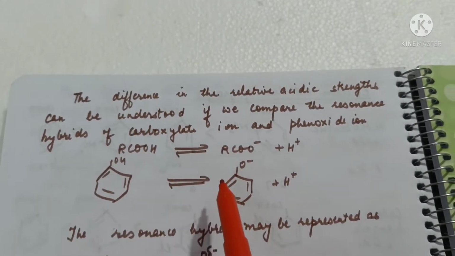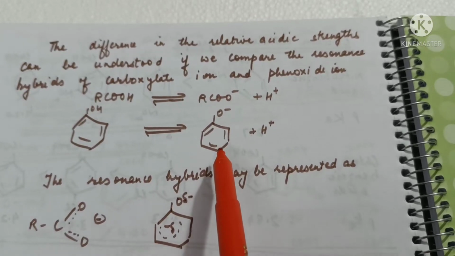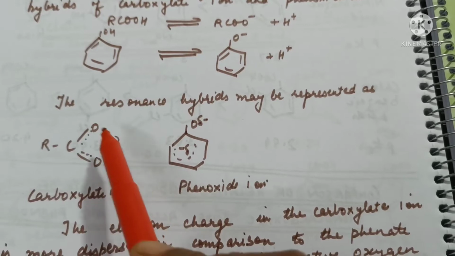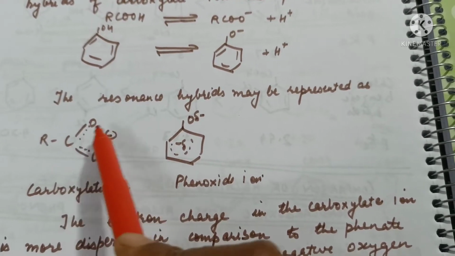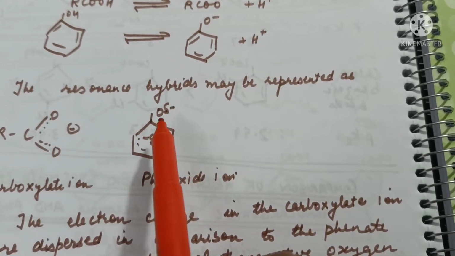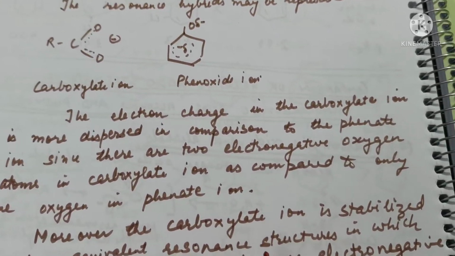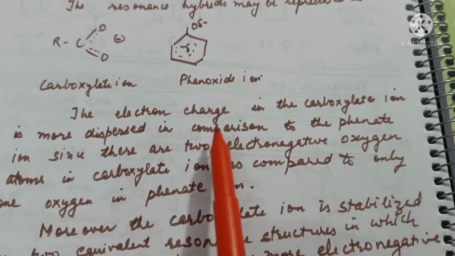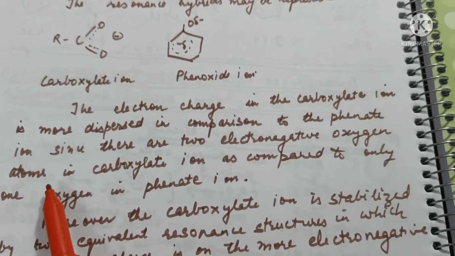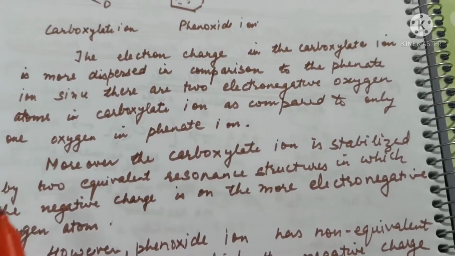If we compare the resonance hybrid of carboxylate ion and phenoxide ion, in the carboxylate ion the negative charge is dispersed on 2 electronegative oxygen atoms, whereas in the phenoxide ion the negative charge is dispersed on only 1 oxygen atom. The charge in carboxylate ion is more dispersed when compared to phenoxide ion, since there are 2 electronegative oxygen atoms in carboxylate ion as compared to only 1 oxygen in phenoxide ion.